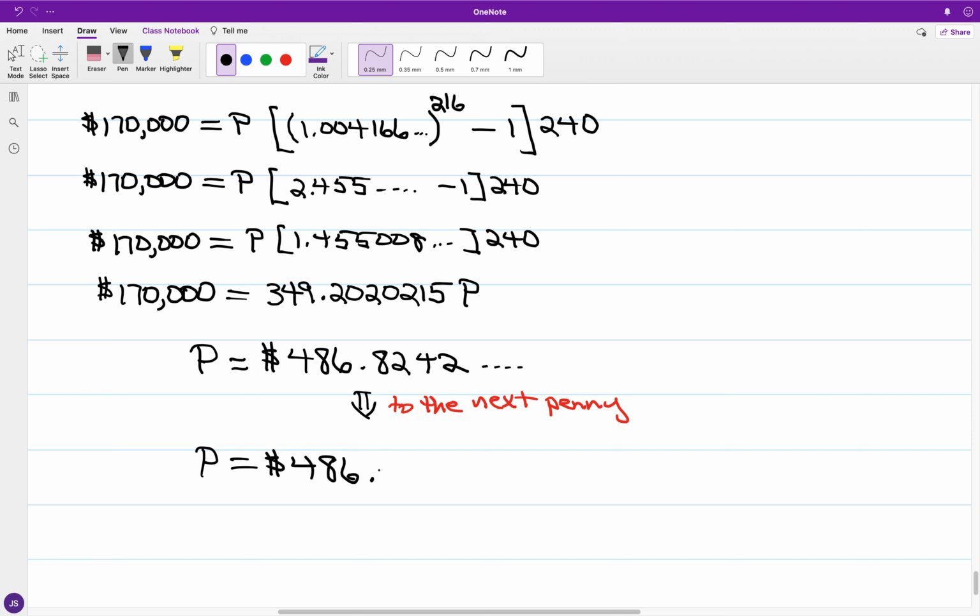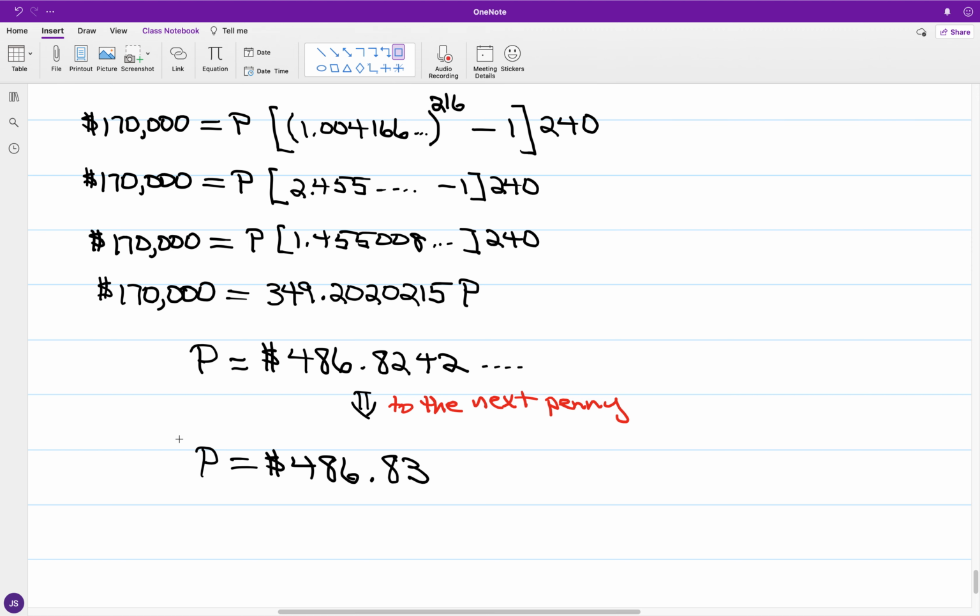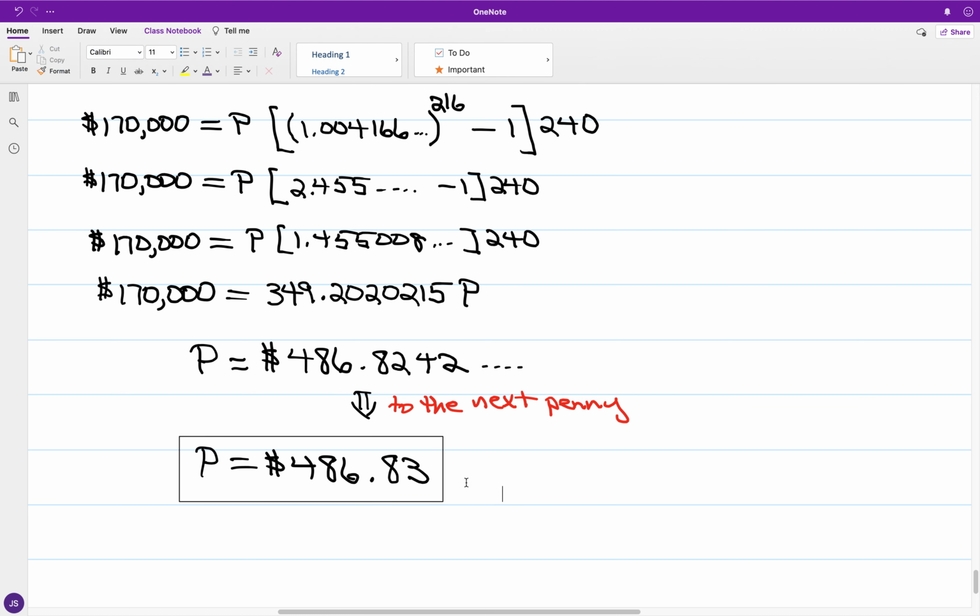So that's going to be 83 cents. So in the case of the final result here, we're looking at monthly payments each right at $486.83. And that would be the final result in this particular case.